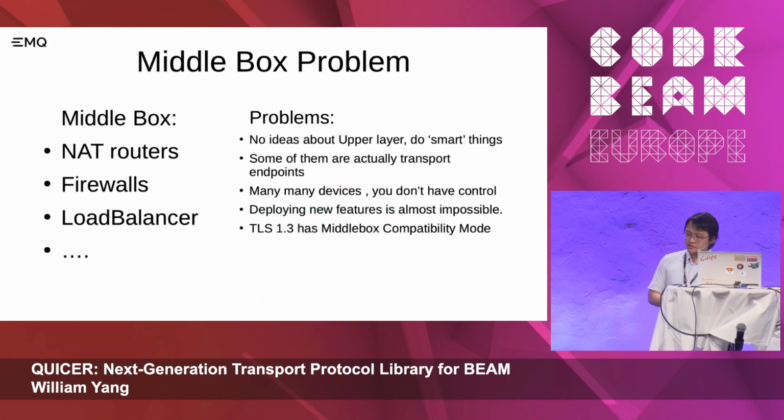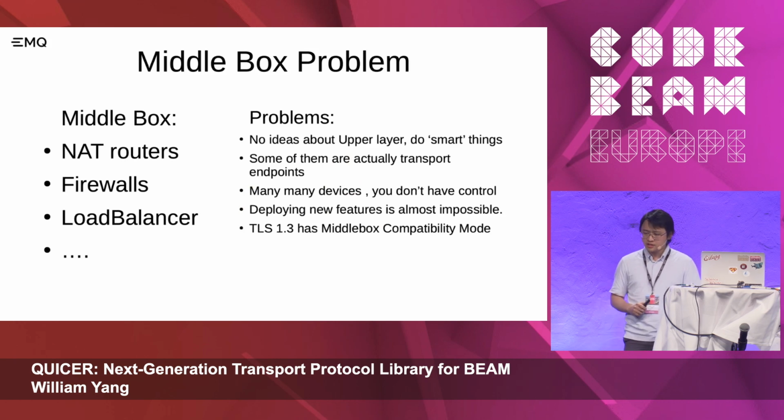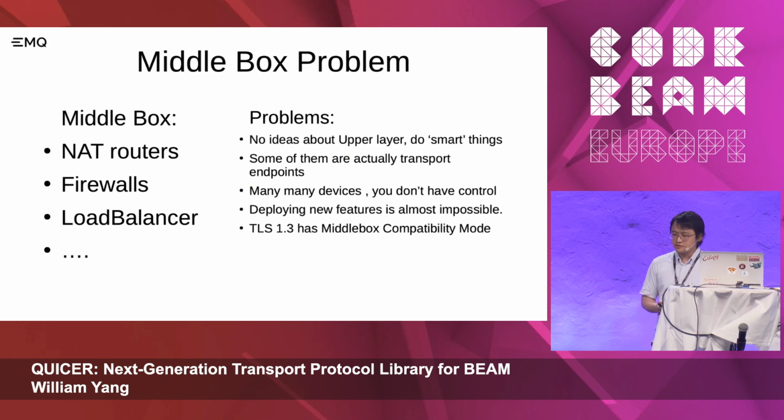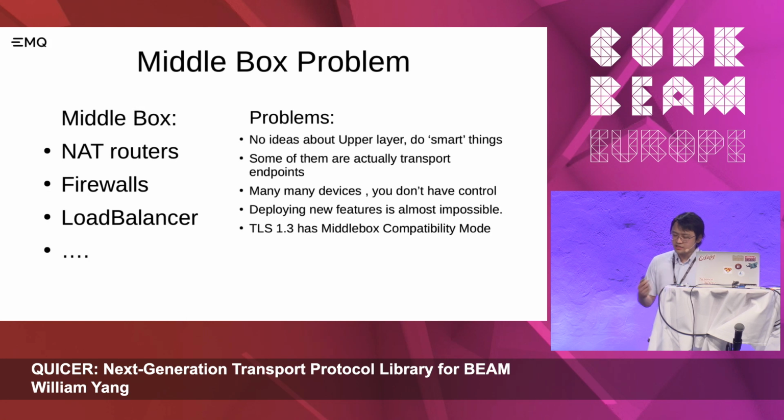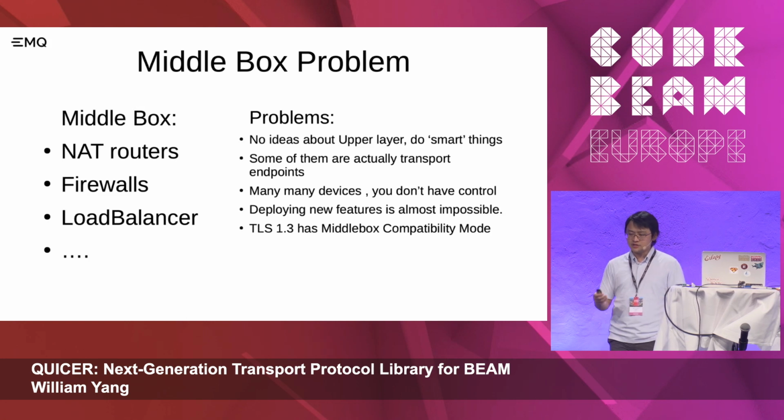There is a problem called the middlebox problem. The middlebox problem is very famous when we talk about QUIC or networking. So what is a middlebox? They are not routers, like the routers at your home. They do network address translation, because we have very limited IPv4 addresses. And we have firewalls, which provide security and access control, and we have load balancers, where your request is load balanced to different backend servers.